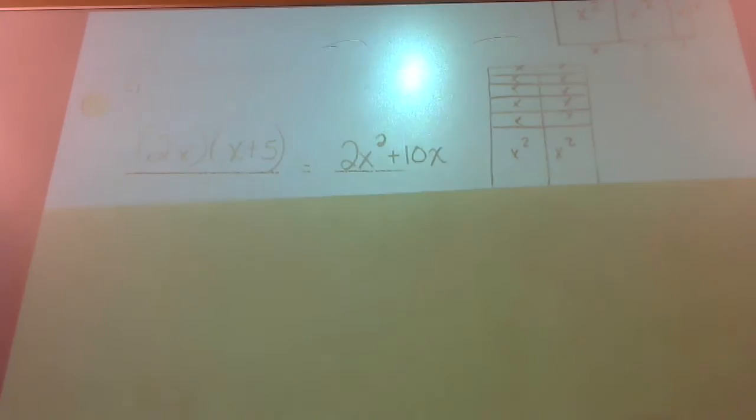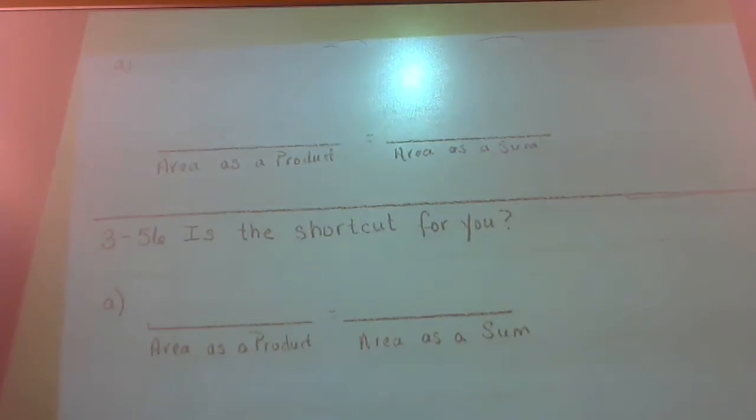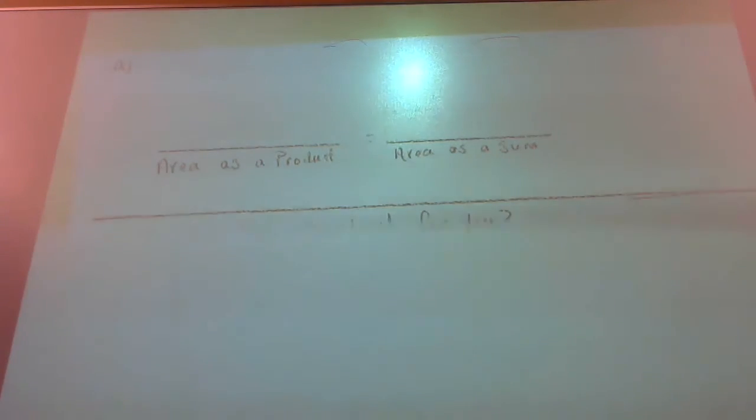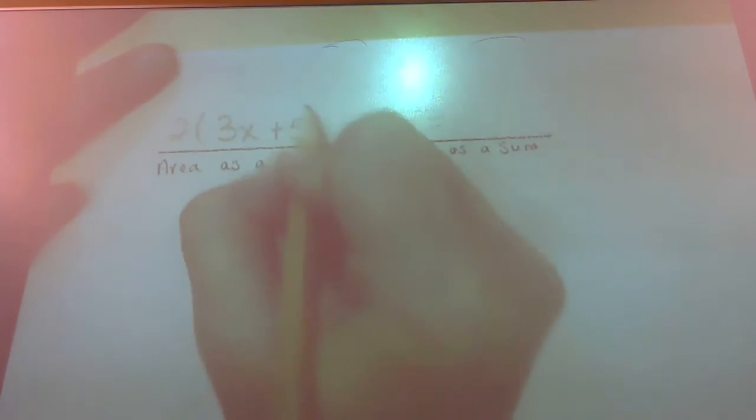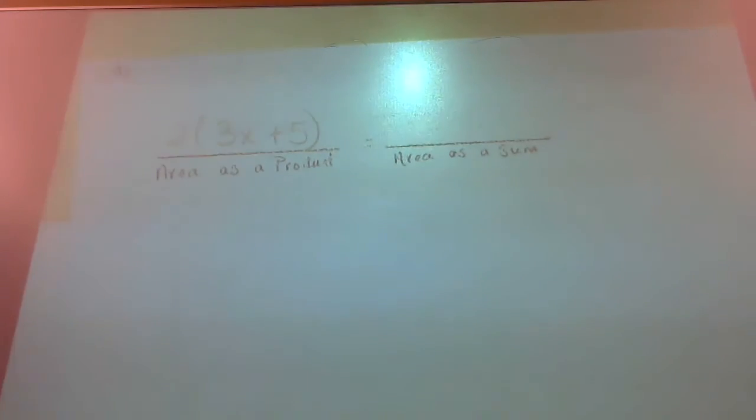All right. Last challenge of these before I give you maybe a shortcut. All right, so turn your paper over. And you're going to do area as a product. So how are we going to handle this one?